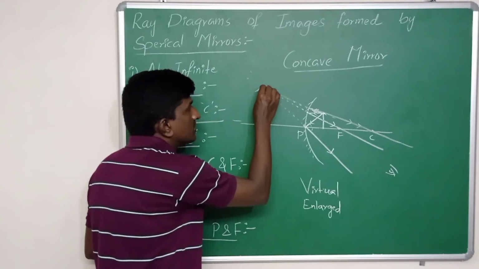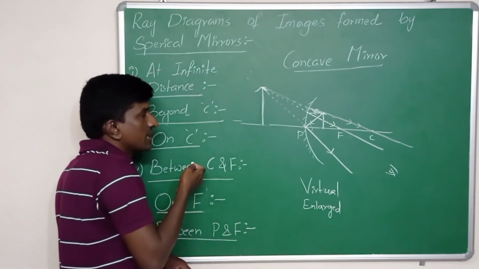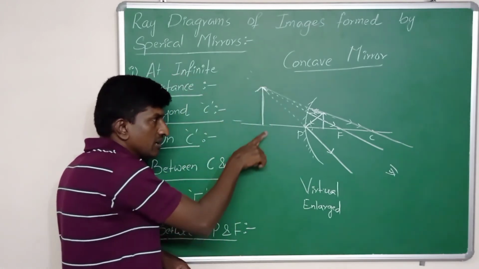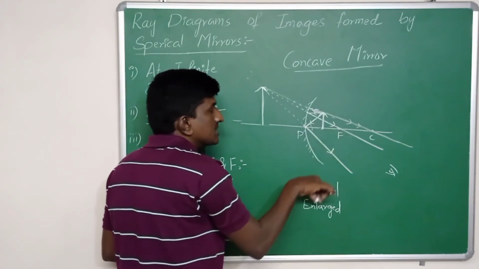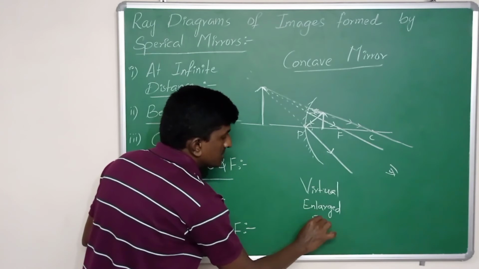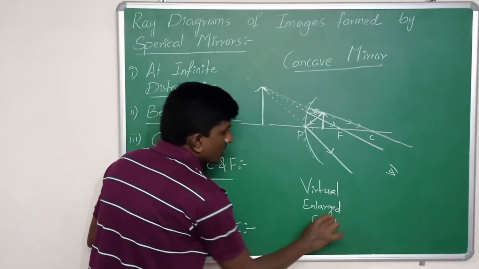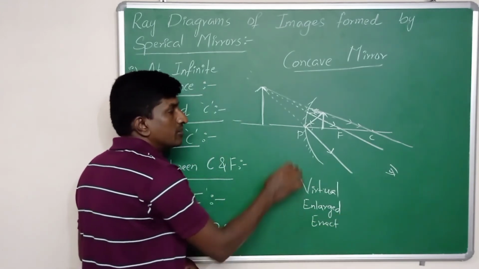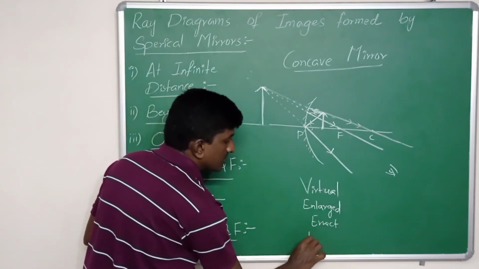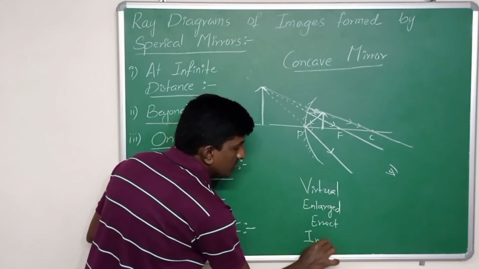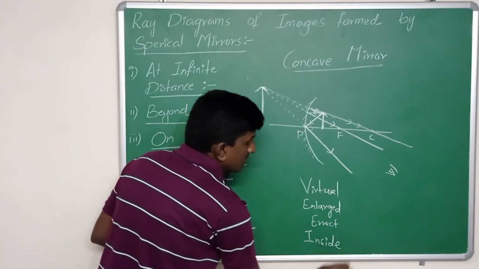It is not inverted. In previous ray diagrams we observed inverted images, but here the image and object are both the same way up. So it is an erect image. The image is formed inside the mirror.